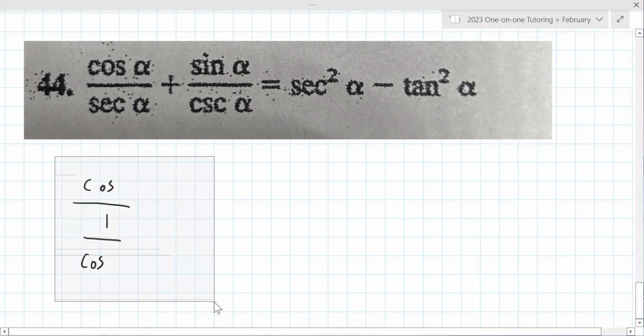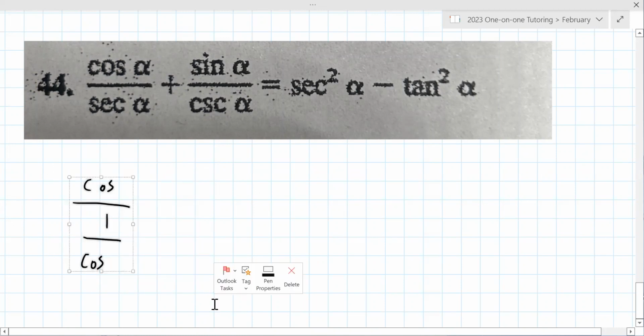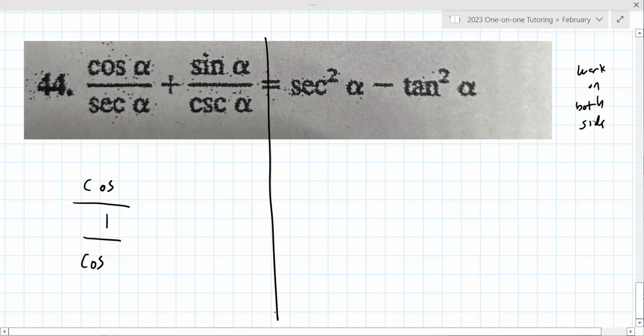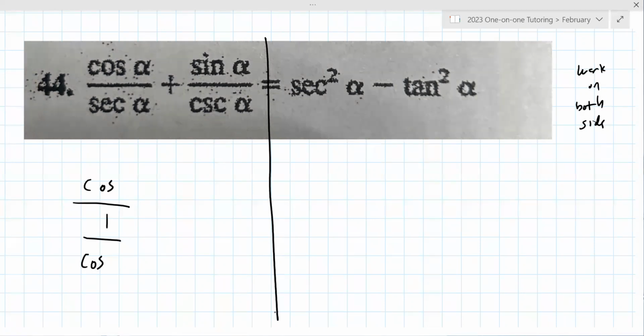So this is an example of a problem where you do have to work on both sides. But I'll point out that you cannot move anything. You can't add, subtract, multiply, or divide one side to the other. So we're going to work on the left, and it's what I was just showing you here.